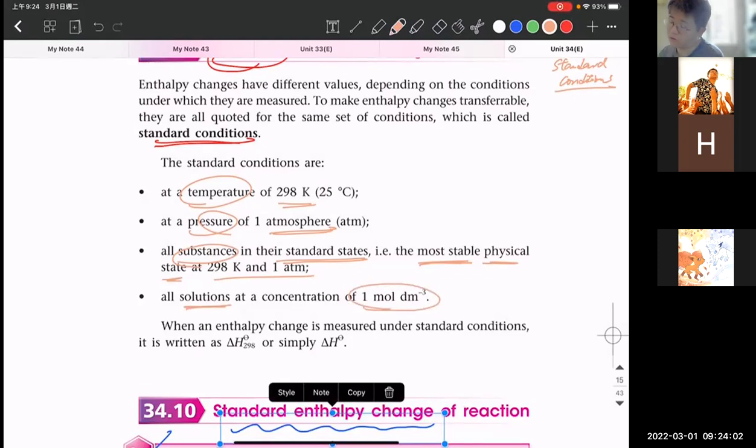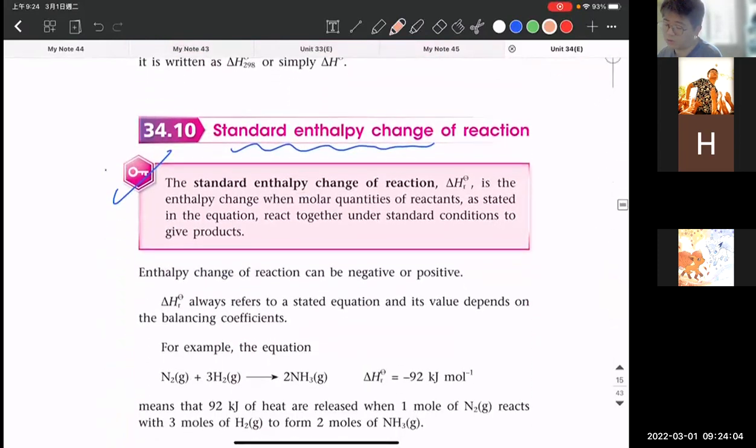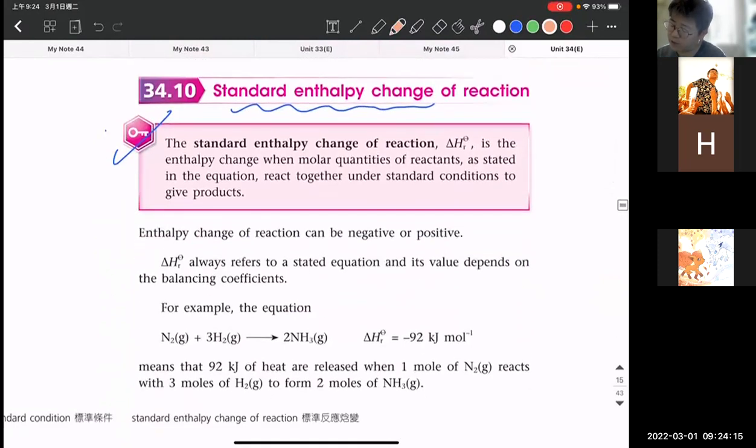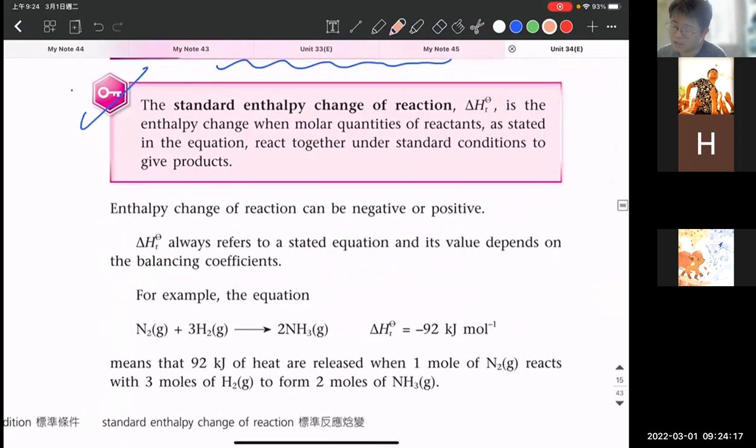So let's have a look at the different definitions of terms. Once I write down the standard symbol, we will call that a standard enthalpy change of reaction. So what does it mean?